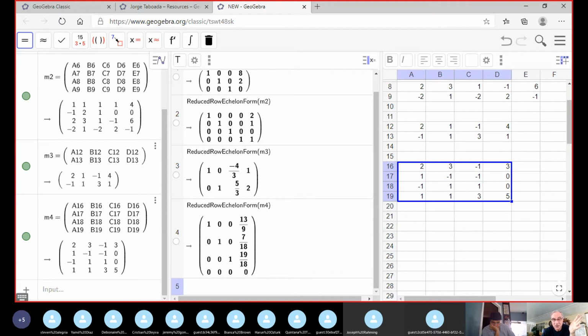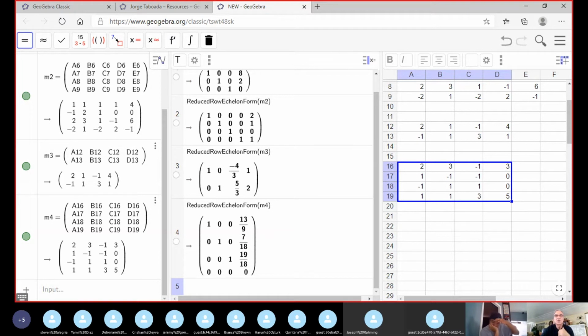It's the same plane in this case. And we can focus on the identity matrix. So you delete this equation. It doesn't participate in the game anymore. So it's obvious that the solution is x equals 13 over 9, y is equal to 7 over 18, and z is equal to 19 over 18.